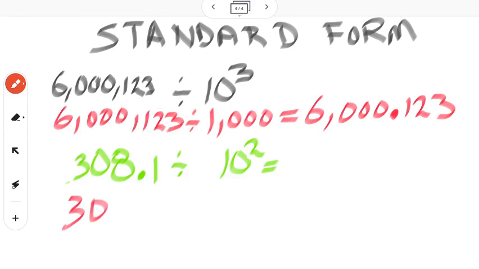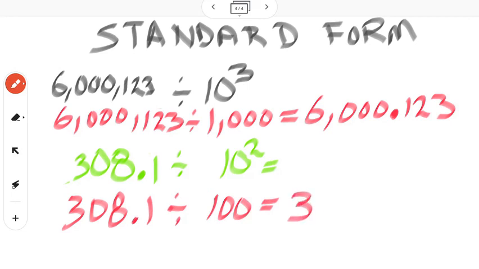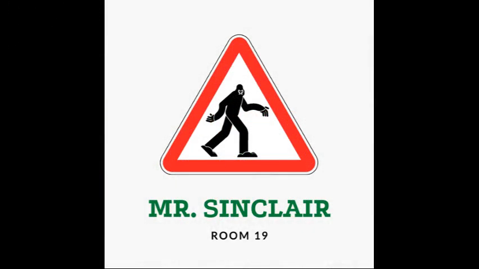It's 308 and 1/10, or 0.1, divided by 10 to the 2nd power. 10 to the 2nd power is the same as 10 times 10, which is 100. And then remembering, when we divide, we're going to be moving 2 place values to the right, because it's 100. So this number would now become 3 and 81 thousandths.